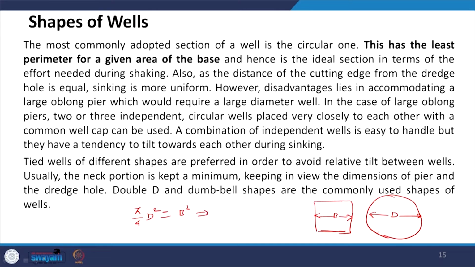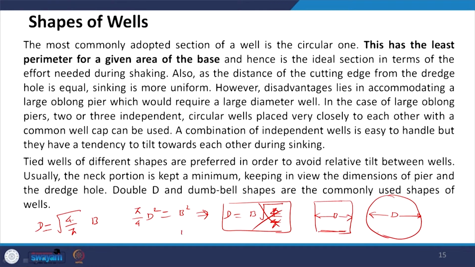Sorry, D comes out to be the square root of 4 over pi into B, because pi is 3.14.